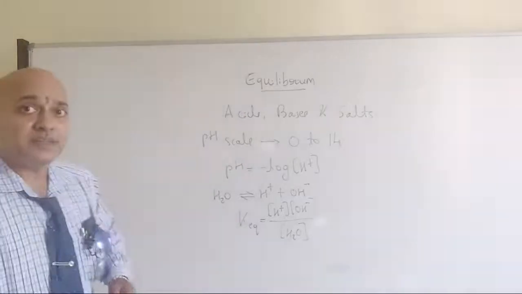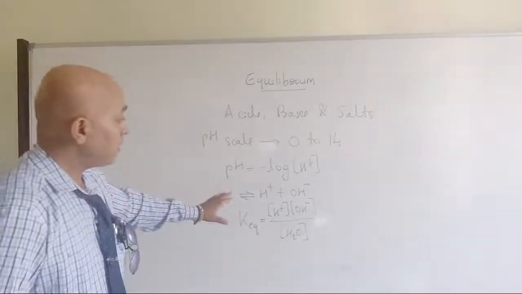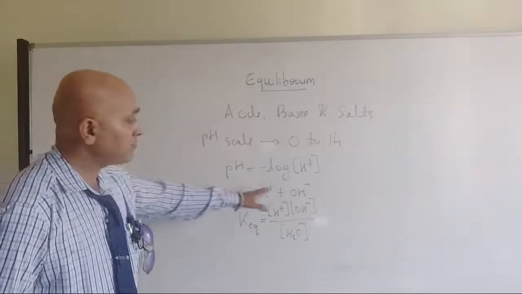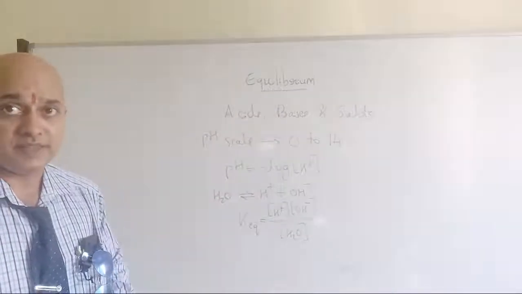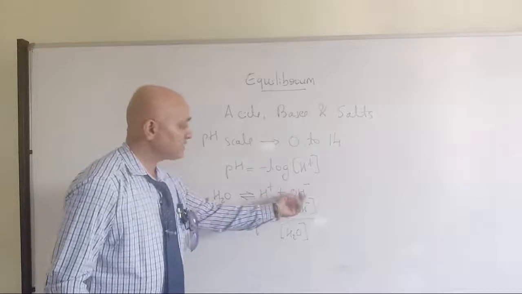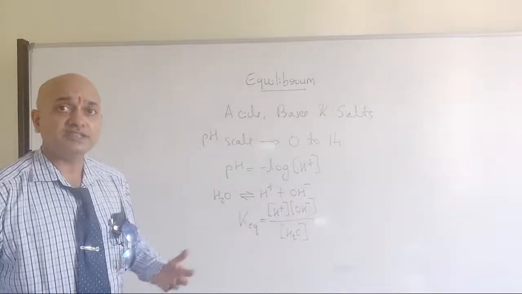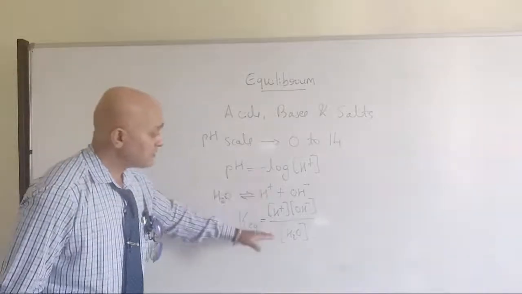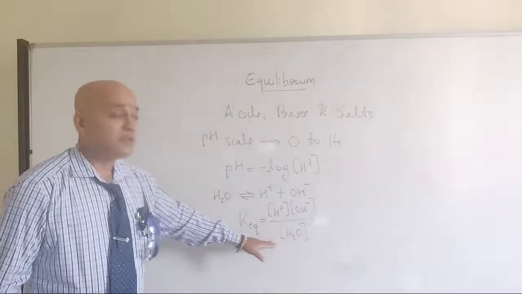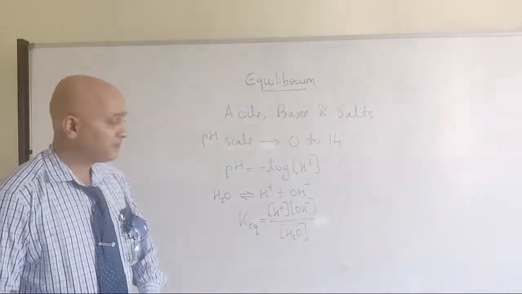What I mean to say here is that a water molecule under equilibrium will be present like this. Therefore they say that water is neutral because it gives H plus also, OH minus also. That's what they conclude. Water is neutral. So based on that we have written the equilibrium expression for this.